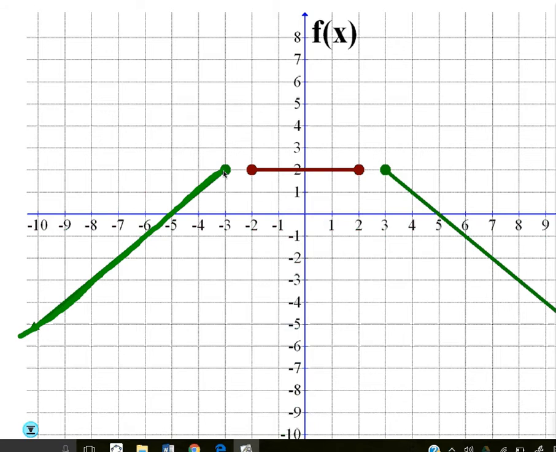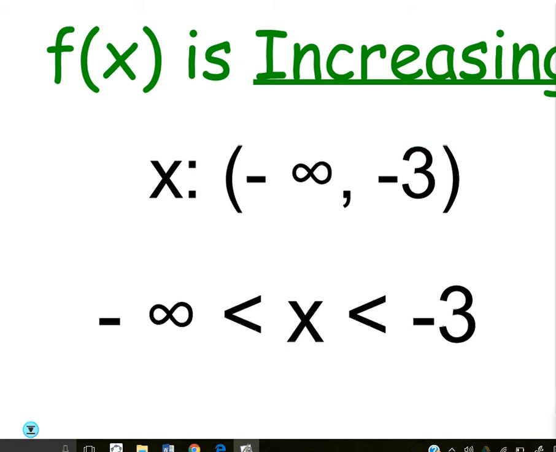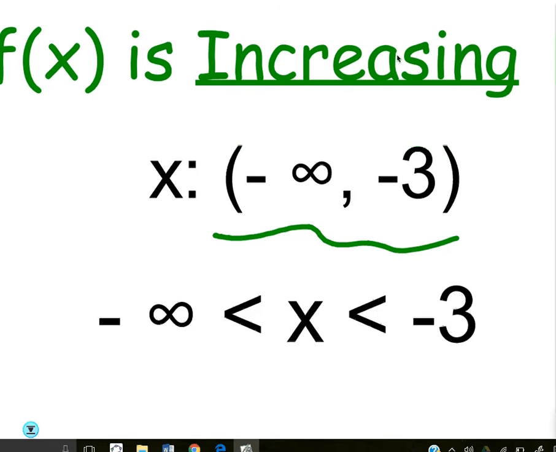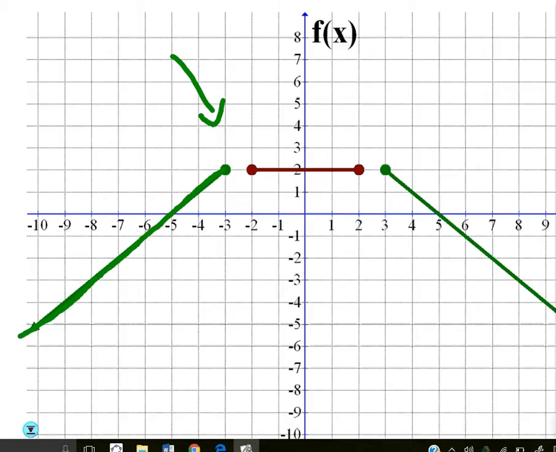No. It increases up to -3, but since there's nothing to the right of -3, we won't include it, so we'll use a parenthesis, just like this. This is two different ways to write the same thing, but make sure that you put a parenthesis around -3. If the point just stops like that, you cannot put a bracket. I can't be more clear about that.